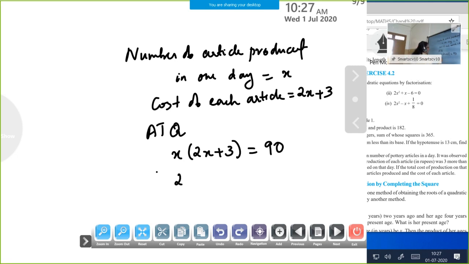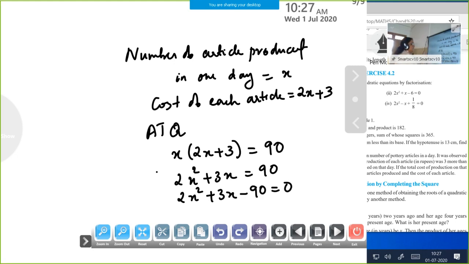Open the bracket: 2x square plus 3x is equal to 90, that is 2x square plus 3x minus 90 is equal to 0.